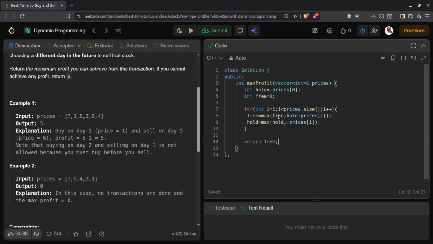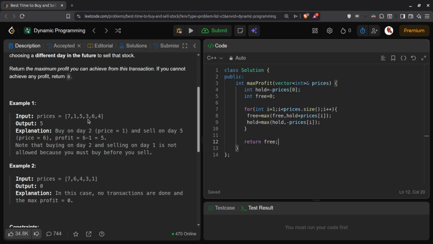Free is already 0, so we'll take 4 as the max value, so free will be 4. Hold is already minus 1, and minus price 5 is minus 5, so minus 1 is greater, so hold is still minus 1. Then i will be incremented by 1, i will become 3, index 3.